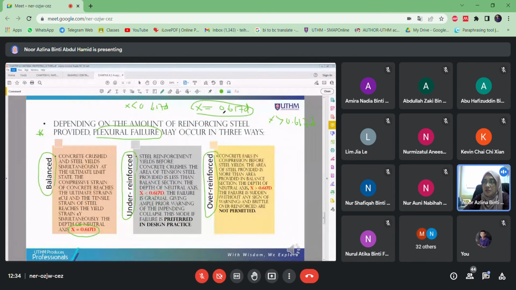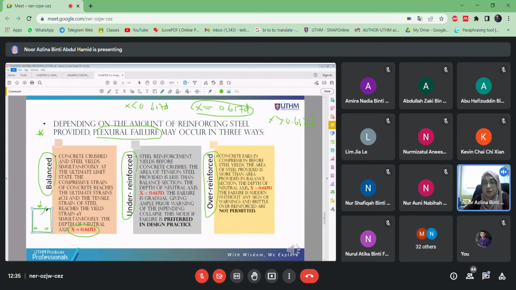Once X is equal to 0.617D, that means this is the balanced design, balanced failure. If you look at these beam sections, let's say there are two bars of reinforcement. Once you apply the loads, at the time of failure the concrete reaches its strain limit.